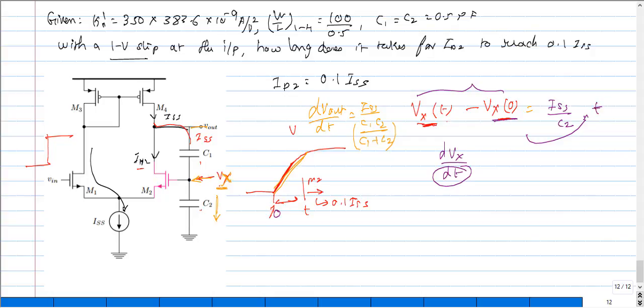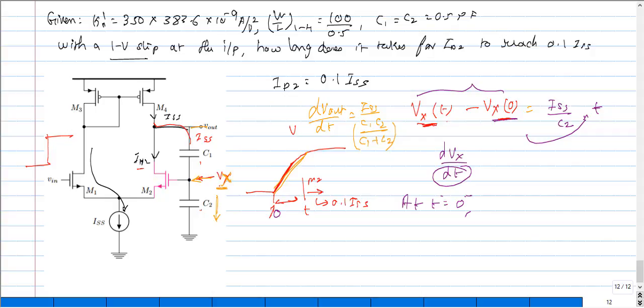Okay, so now let us see what was the bias condition that we had just before the time t equal to 0. That is, I think you would have learned in your networks, at time t equals 0 minus, I guess, right? So what were the DC currents flowing across transistors M1 and M2?